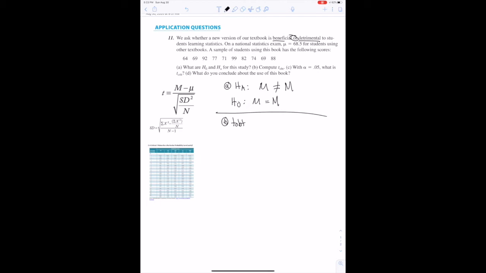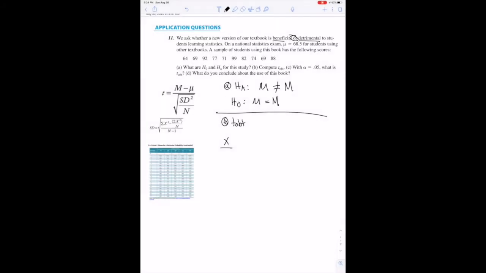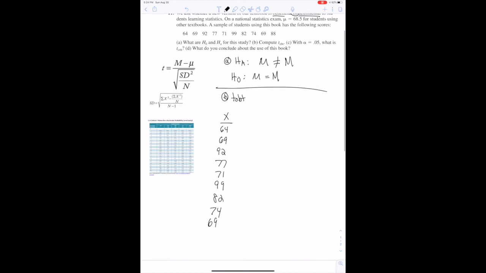So let's calculate T obtained. If we're going to calculate T obtained, what we need to do first is calculate the mean. Let's make a column of X. This will look familiar to you. Column of X, and we'll put our X scores: 64, 69, 92, 77, 71, 99, 82, 74, 69, 88.